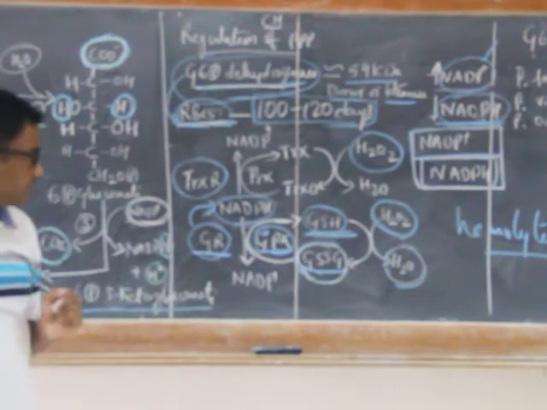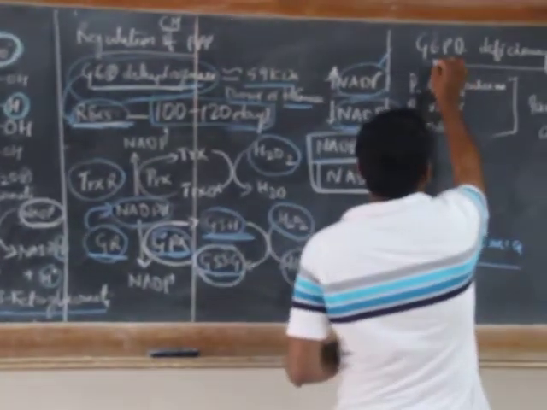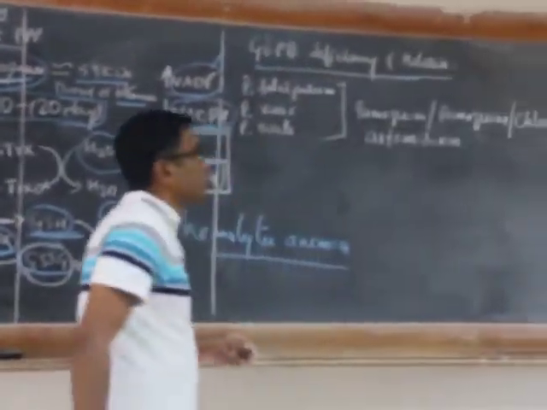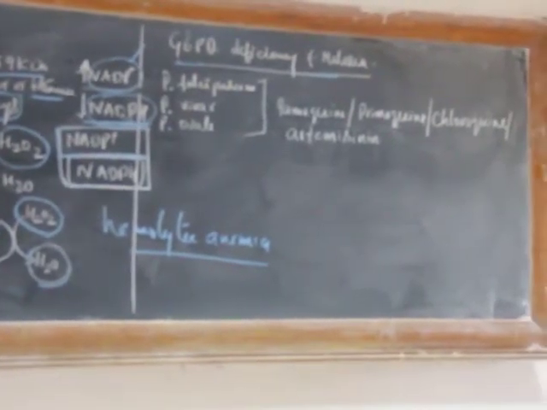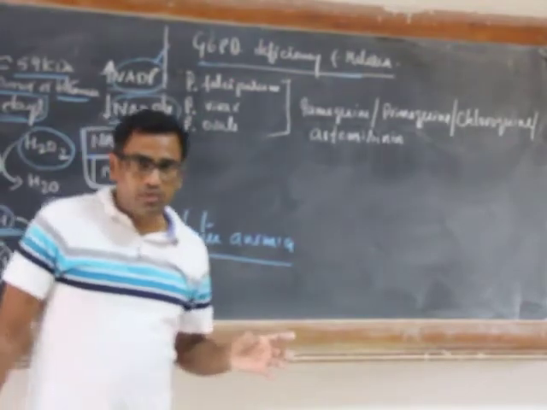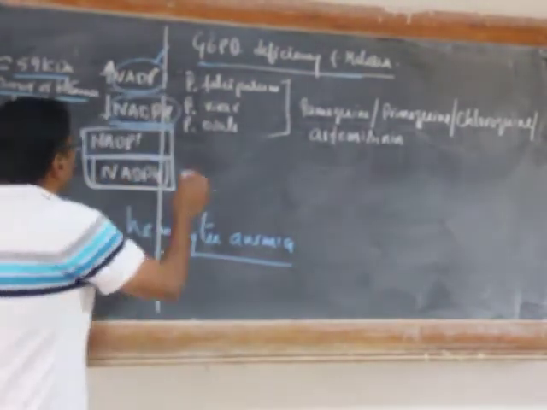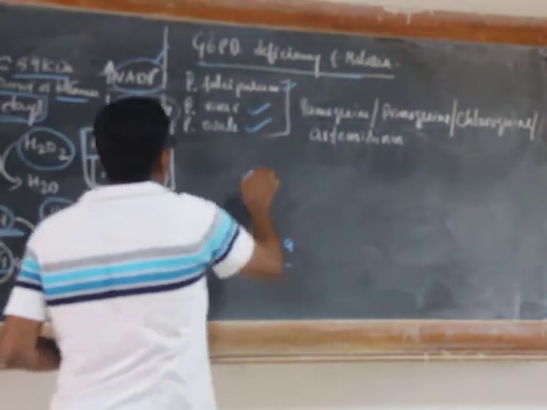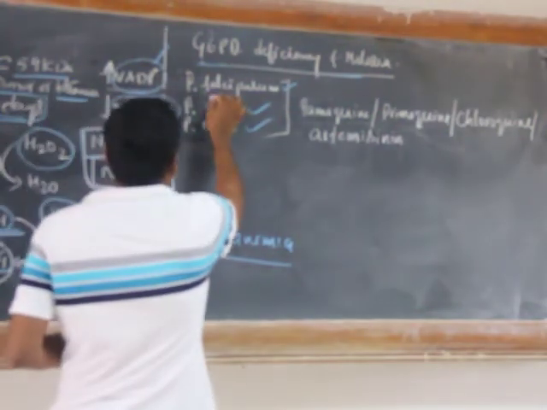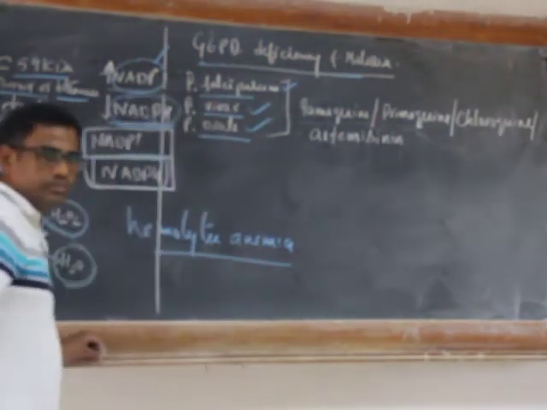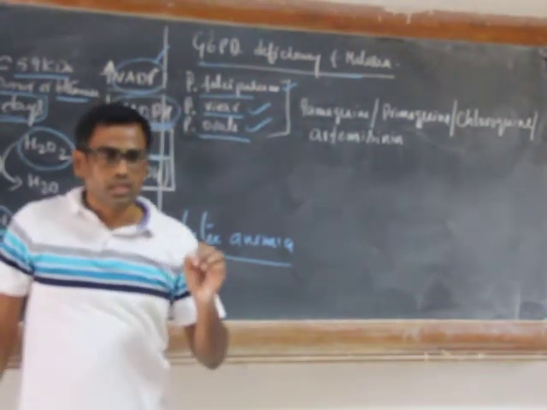So another important aspect on this is glucose 6-phosphate dehydrogenase deficiency and resistance to malaria. This topic is a little bit controversial. Most of the aspects I could not understand fully, but I will try to explain what I understood. We have 3 species of Plasmodium parasite that cause malarial fever. Of these, the major one is Plasmodium falciparum, which causes severe malaria.